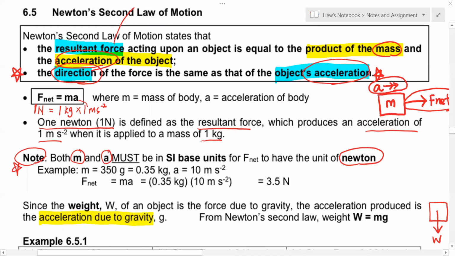For example, in this case where mass is 350 grams, instead of substituting 350 directly, you have to convert 350 grams into 0.35 kg before you can multiply it with acceleration, which is already in meters per second square. So F net equals MA, you have 0.35 kg times 10, 3.5 newtons.